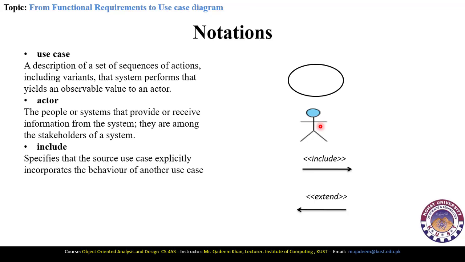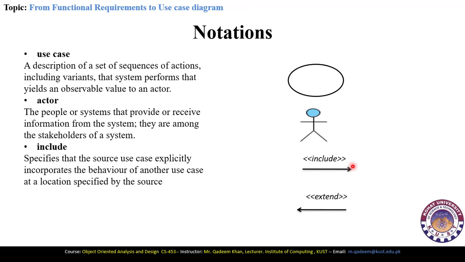The third important element of the use case diagram is called the include relation. And the include relation is specified through arrow lines. And over the arrow line we have the include stereotype here, which specifies that the source use case explicitly uses the behavior of another use case at a location specified by the source.